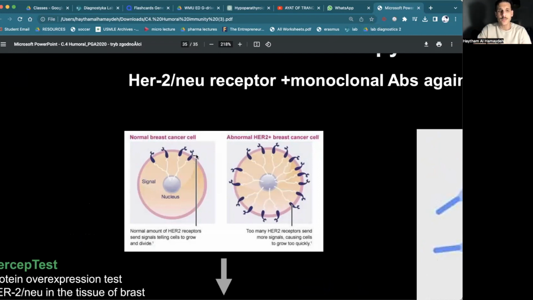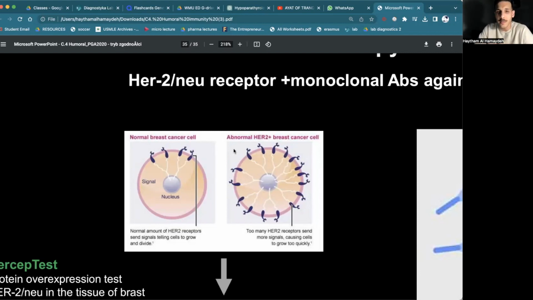What is this? This is a normal breast cell, okay? So it's just a cell that is usually present within the breast tissue. Normally, what HER2 does is stimulate the proliferation of the breast cell, okay?